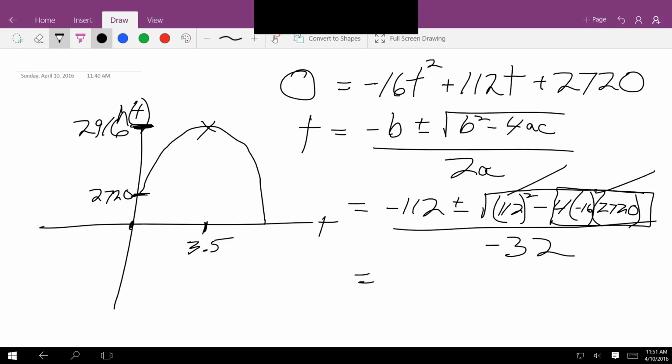I imagine that there's a place where you can input the quadratic formula in your calculator and just fill in A, B, and C, and it'll spit out an answer. I have no doubts that that function is available on your calculator.